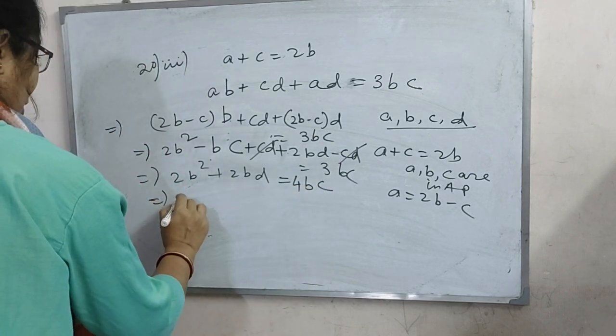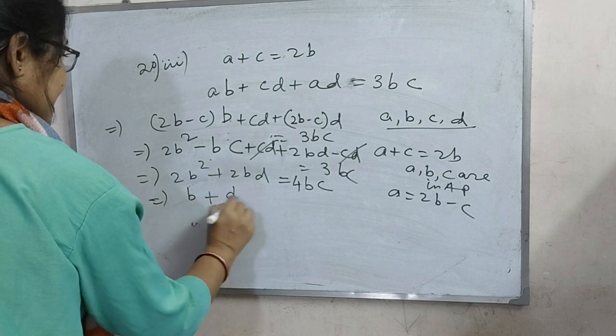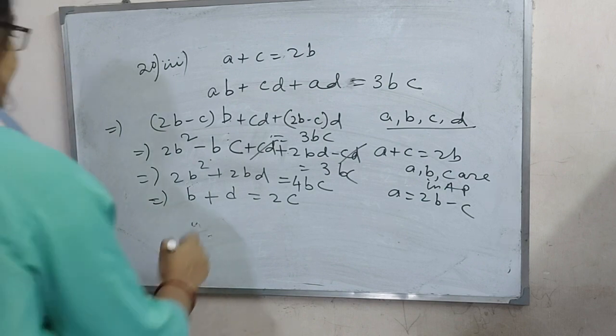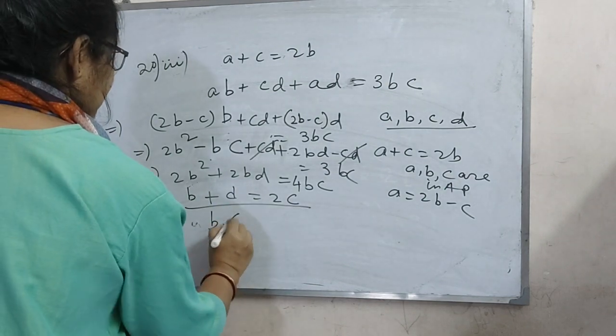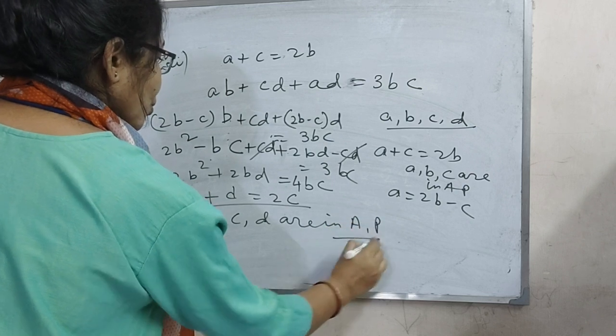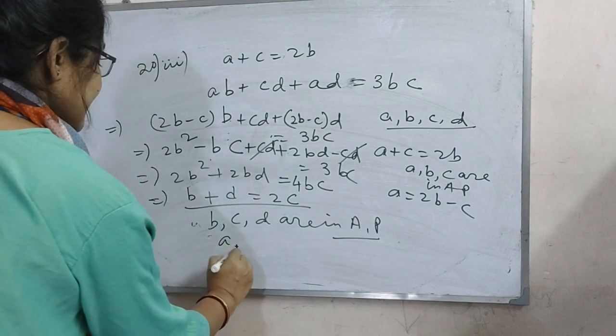If I take 2b common from both sides, b plus d equals 2c. That means b, c, d are in AP, and we have a, b, c are in AP.